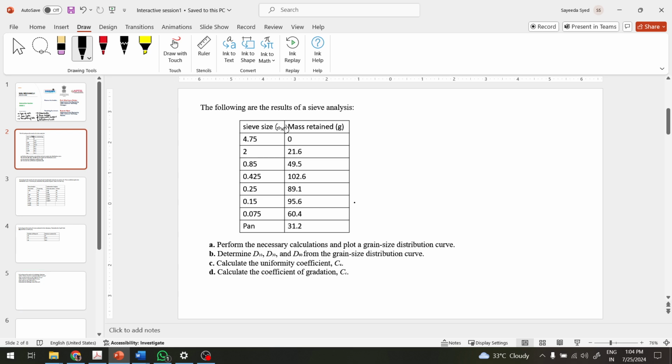So these type of questions in which we have to plot a graph and make these tabular calculations, we will be performing in an Excel sheet. So let me open an Excel sheet for this.